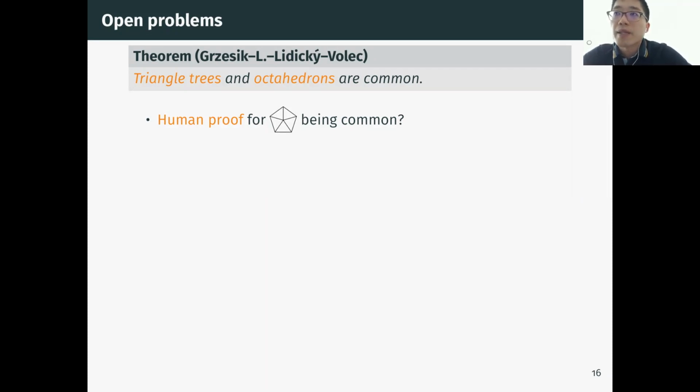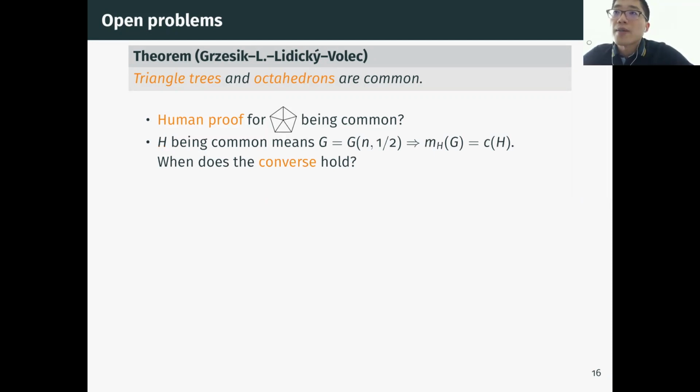And there's a stability question too. So H being common means that this random coloring minimizes the number of monochromatic copies, but the converse is not necessarily true. For example, if my H is a tree, then it's enough to have a regular graph with density half. Or it's even true for triangles too, because these monochromatic triangle counts exactly correspond to these monochromatic 2-edge path counts by Goodman's formula.